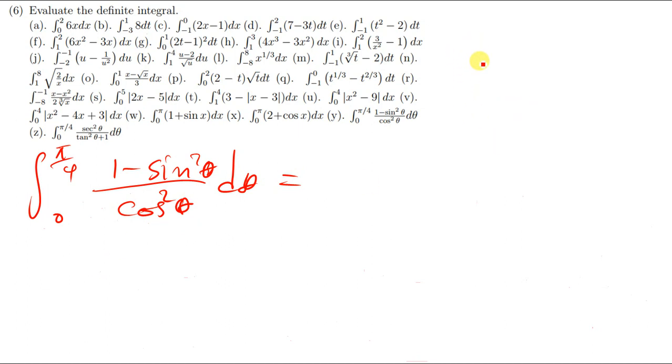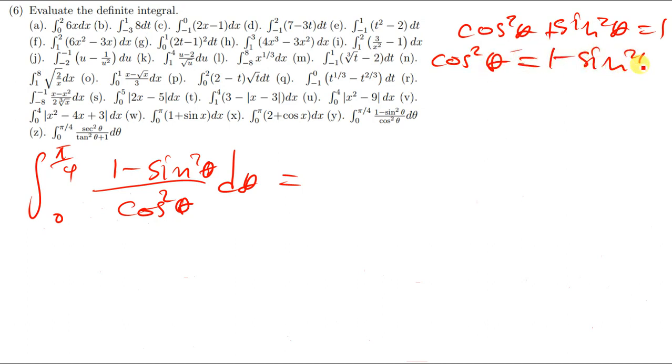Because we know the Pythagorean identity is cos squared theta plus sine squared theta is equal to 1. So we make cos squared theta the subject, taking sine squared theta to the other side of the equal sign. So cos squared theta is equal to 1 minus sine squared theta.